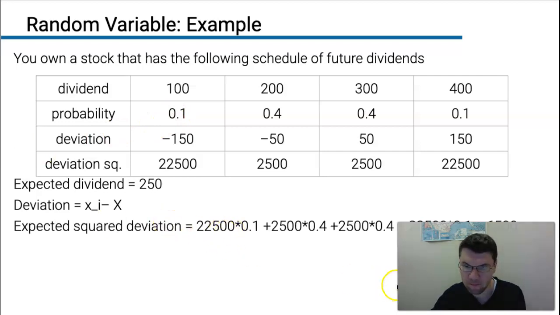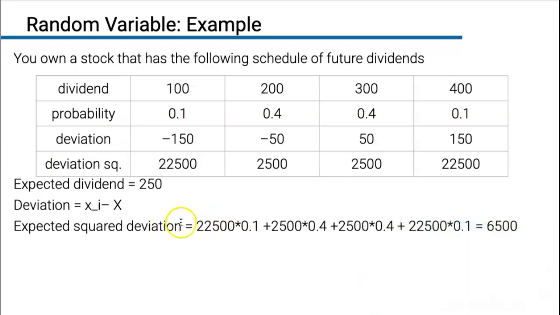So now I'm taking this 22,500 multiplied by probability 0.1. So if 100 is the realized value of the variable, it will be 150 units away from its mean. And so the square distance is going to be 22,500 units from the mean. But that's only going to happen with probability of 10%.